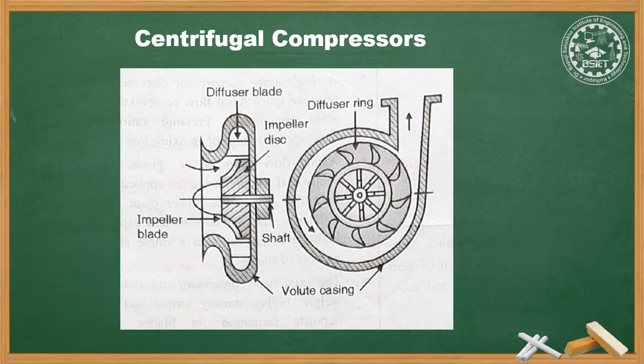The diffuser reduces the high velocity by diffusion process or deceleration of air in the diffuser, and kinetic energy is converted into pressure energy. A single stage centrifugal compressor can develop a pressure ratio of up to 4 to 1, and as high as 10 to 1 with the help of a multi-stage centrifugal compressor.